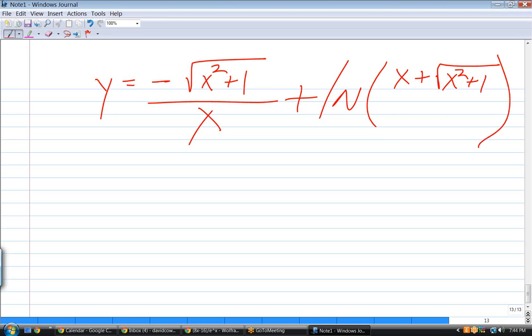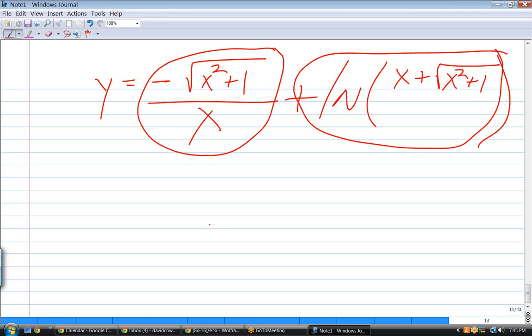God, yeah. These are two separate things that are being added, so we can take the derivative of that, and we can take the derivative of that separately. Let's use the quotient rule here and the chain rule, because we're going to need the chain rule for this top part.